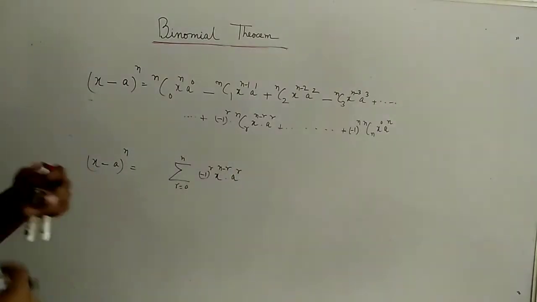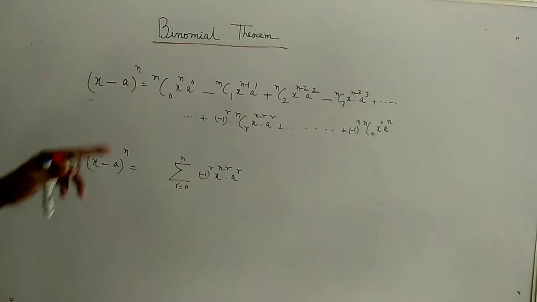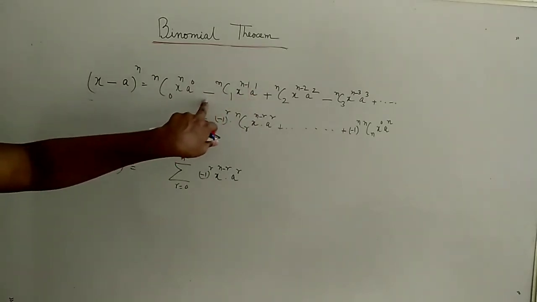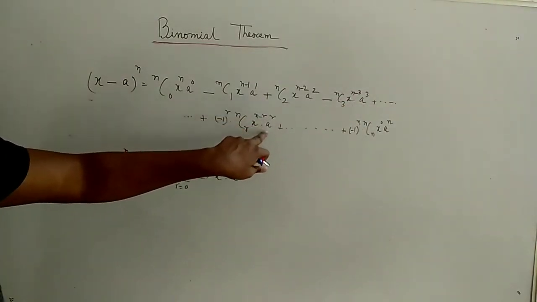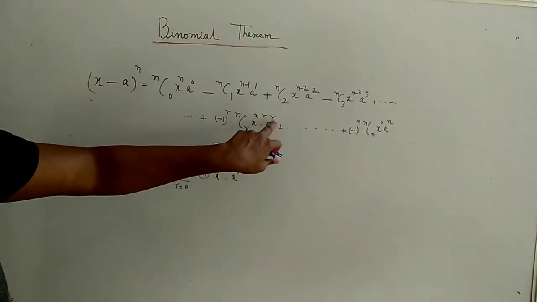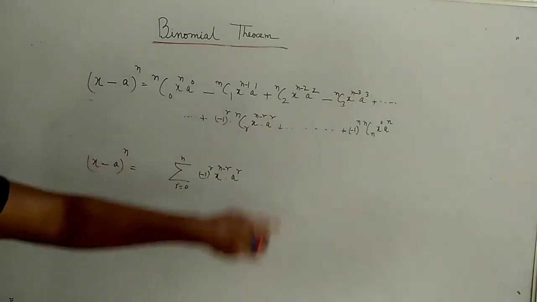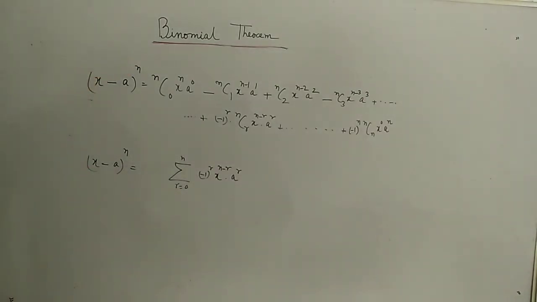So r will alternately change from even to odd to even, like that. And wherever r is odd, like a to the power 1 or a to the power 3, the term will become negative, otherwise it is a positive term, depending on the same thing, because we do not know what the value of n is going to be.